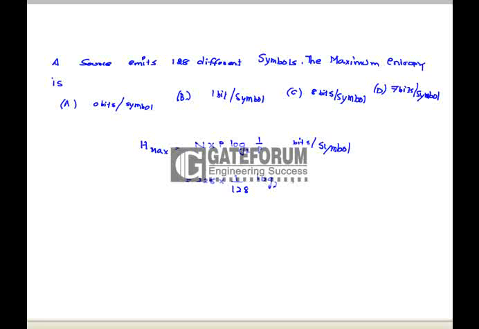Log base 2 of 128 is 2 power 7, so it equals 7 bits per symbol. That is, option D is correct.